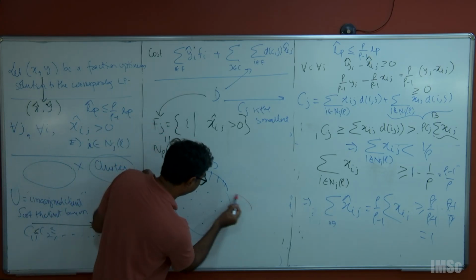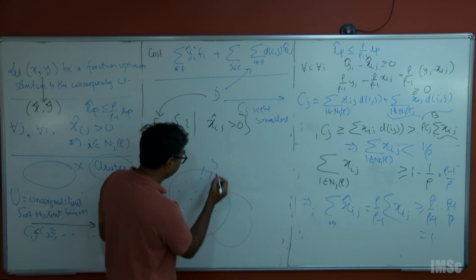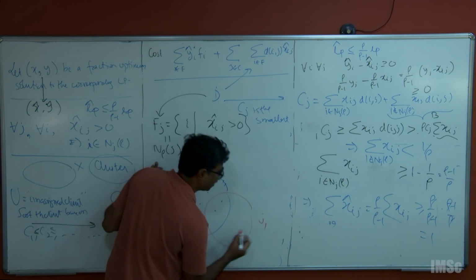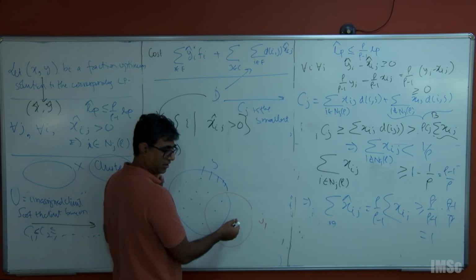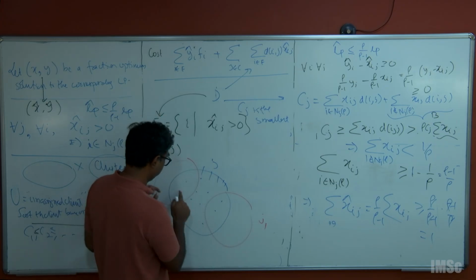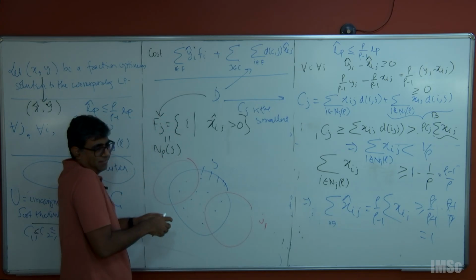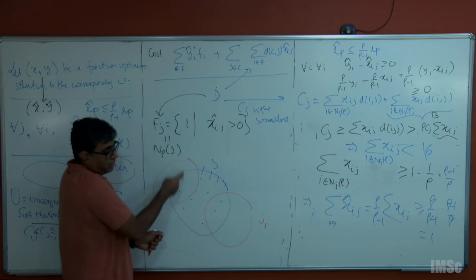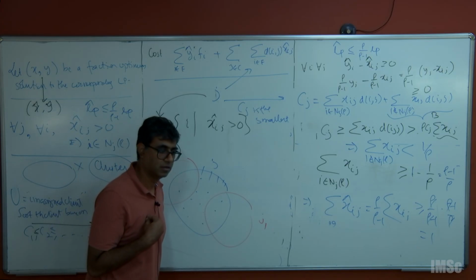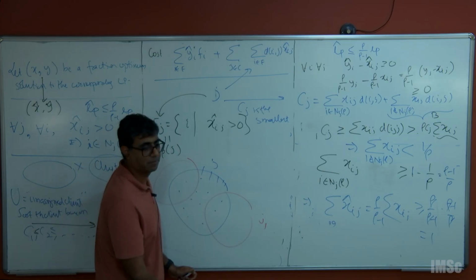Imagine any other facility. These are some set of facilities. Suppose I have a client j, and suppose I have another client j1 whose intersection is this. That's great for him, no? Because he is telling me, boss, you open any of these facilities and I will be very happy.